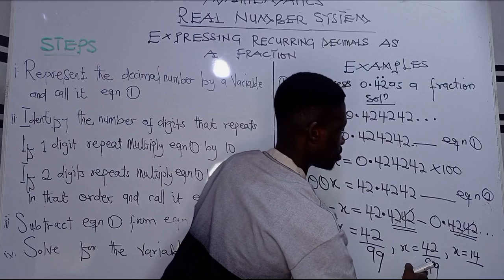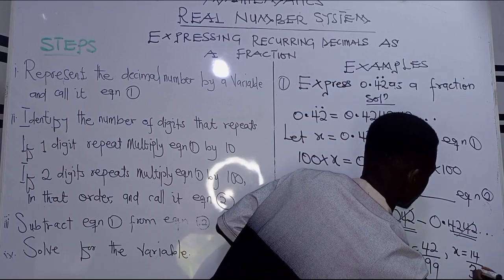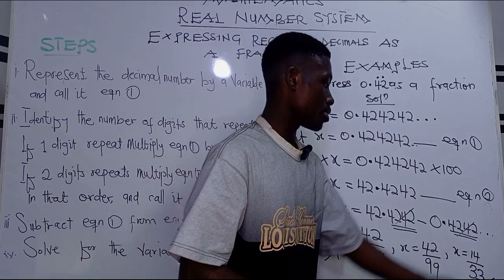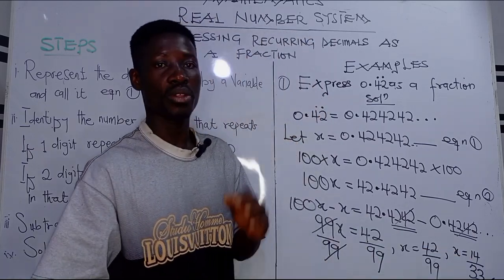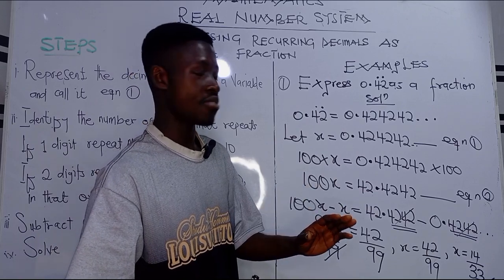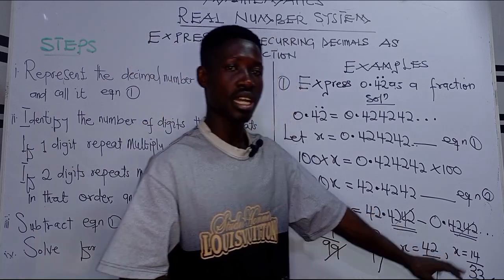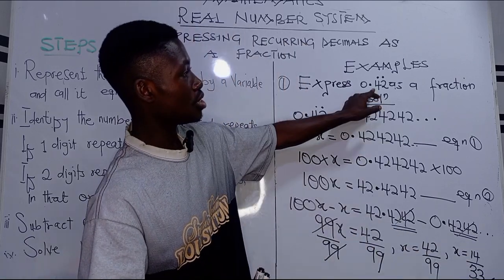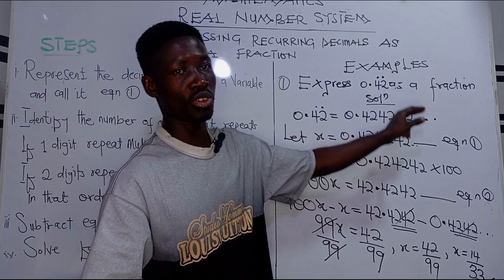Good. And then 3 into 99 will give us 33. Therefore, our x is equal to 14 over 33. So as I said earlier on, after everything, you can cross-check it with your calculator. You can punch 14 over 33 on the calculator, and it is going to give you 0.424242.